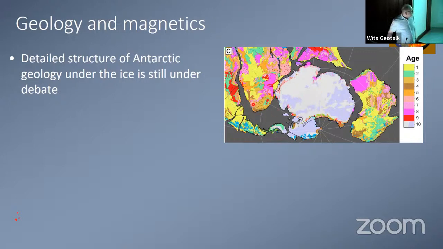Of course we can do some reconstructions and use the adjacent continents to get some idea. But if you do an interpolation from here to here, that's a few thousand kilometers. And you can think yourself, if you interpolate geology from here to Kenya or Cameroon, it's difficult to interpolate over such an amount.